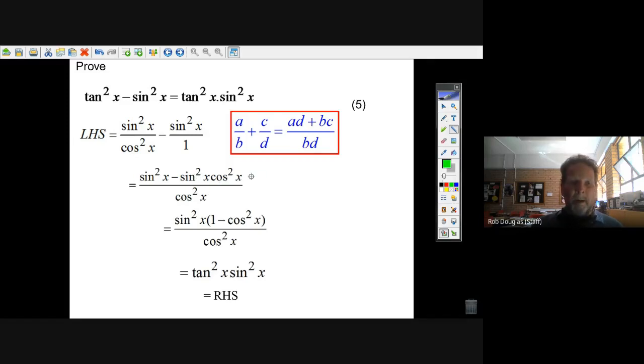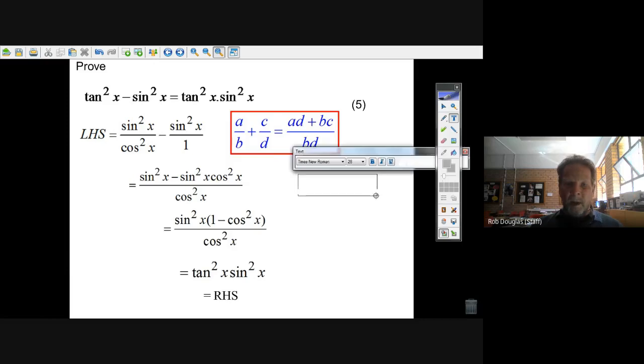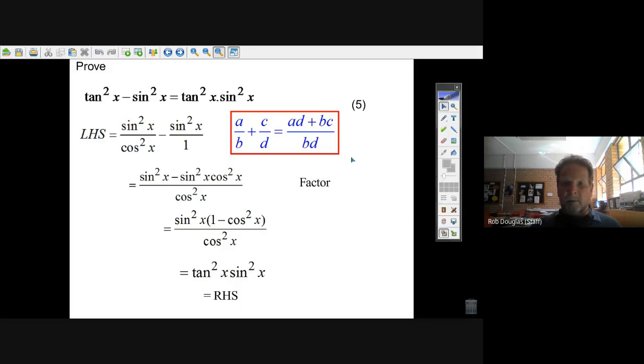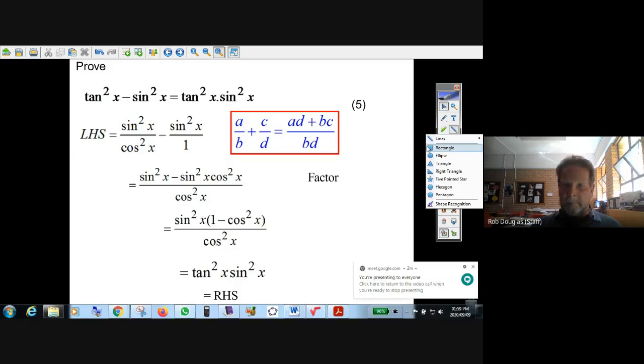Well, there it is. You combined your fraction, and that's the big trick, because now there's another thing that comes up, and it's really a good thing to do. And that's always, wherever you can, to look to factor and to cancel. So factoring is the key thing here. Factoring is the big idea.